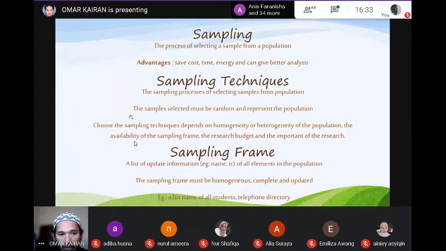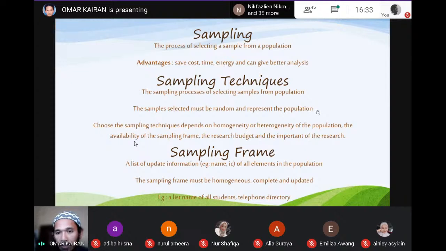The sample selected must be random and represent the population, so the sampling technique that we use must select a sample that represents the population. Jangan tersalah pilih sampling teknik lah ataupun tersalah pilih sampel.